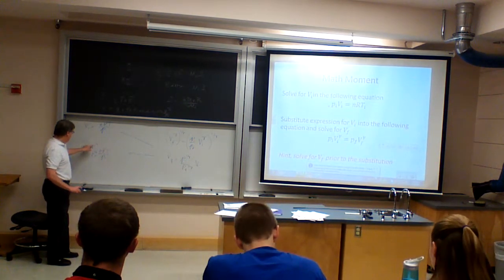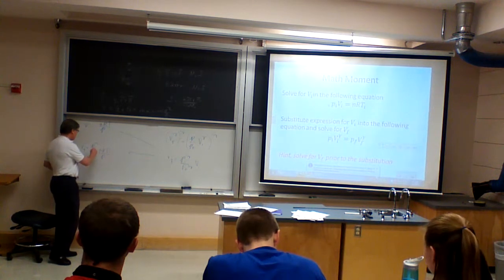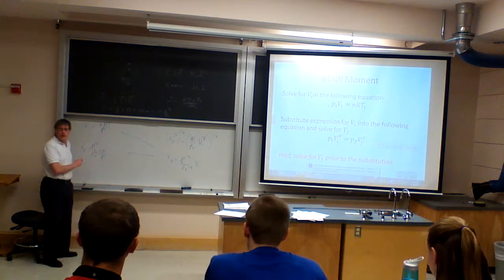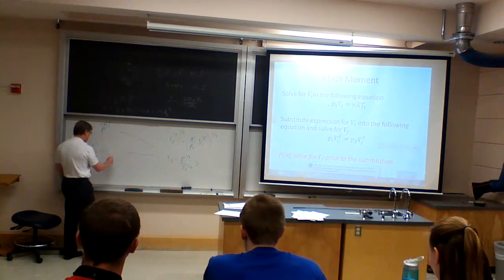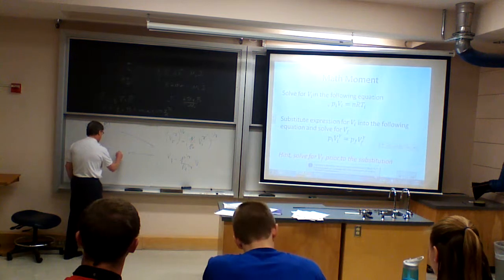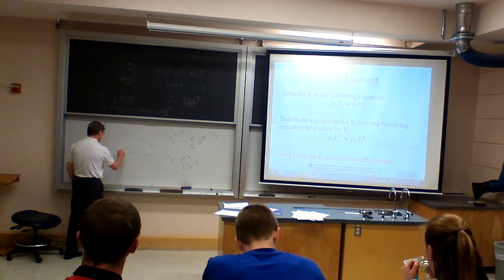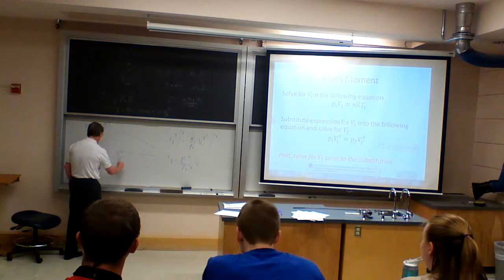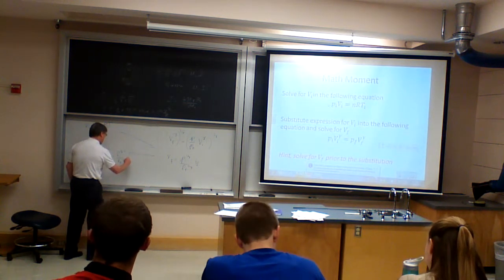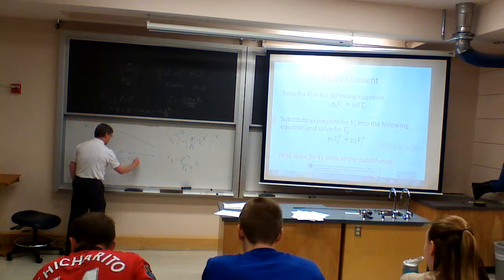So now we have the P initial to the 1 over gamma divided by P initial. What do we do with that? We subtract 1. That will be P initial to the 1 over gamma minus 1, over P final to the 1 over gamma, times nR.